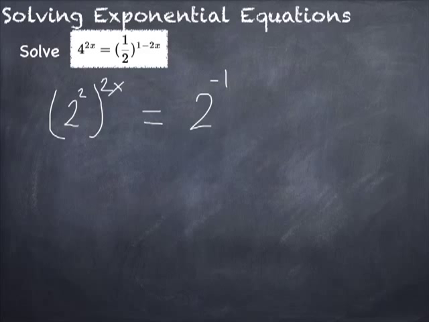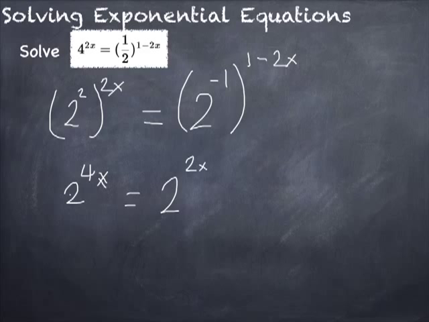Because if I had 2 to the negative first, I'd rewrite it as 1/2. So it's 2 to the negative first to the 1 minus 2x power. Now I'll simplify these. We got 2 to the 4x power equals 2 to the 2x minus 1 power.